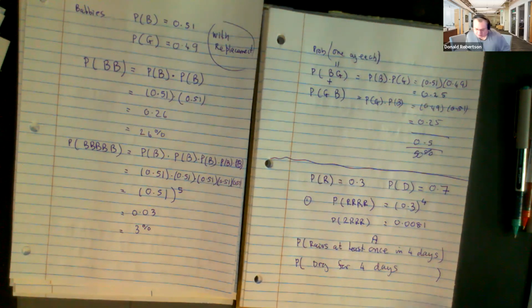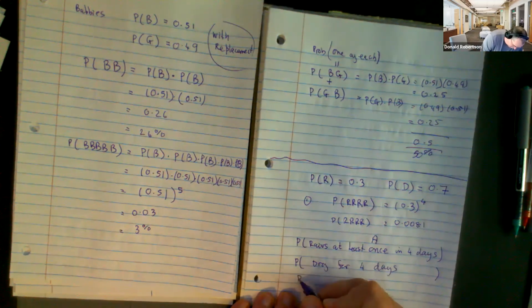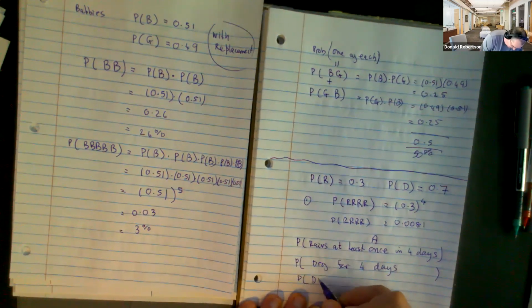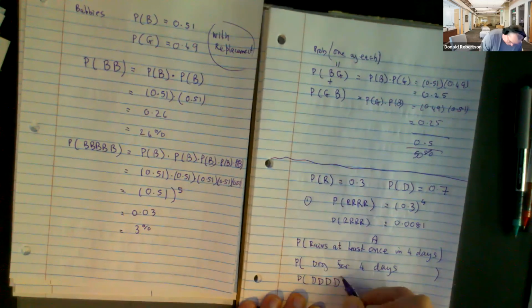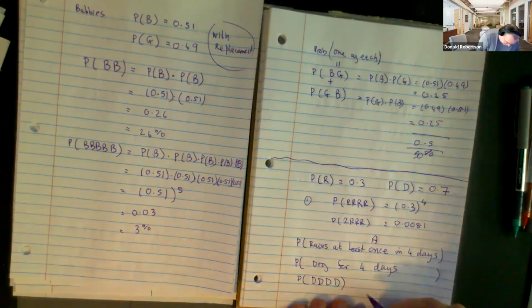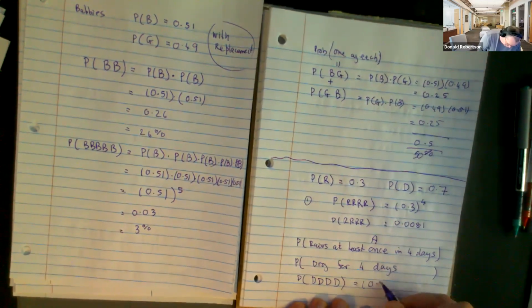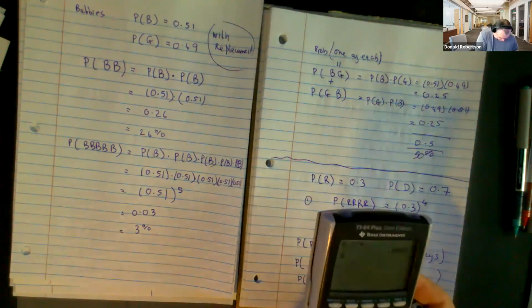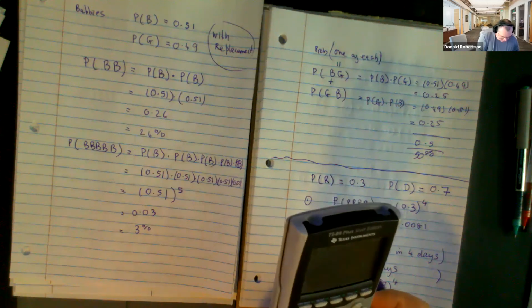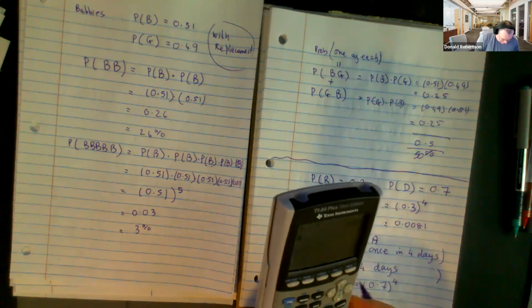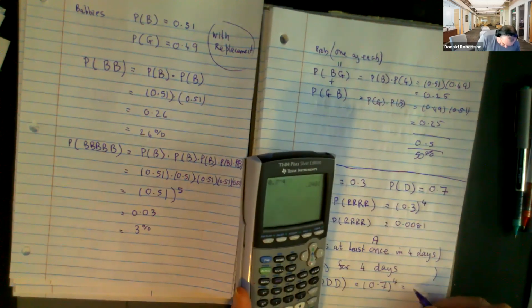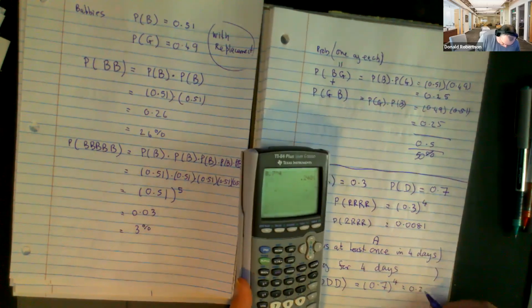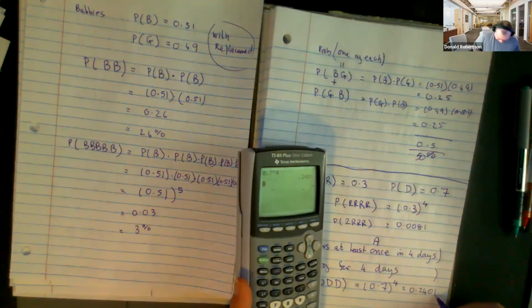Right? Now that in our story then means dry, dry, dry, dry. And that becomes 0.7 to the power of 4. So here we go, 0.7 to the power of 4. And that is equal to 0.2401.